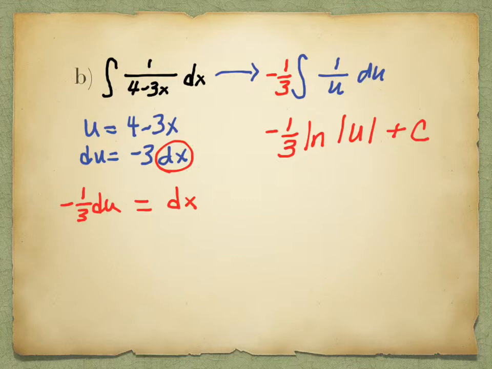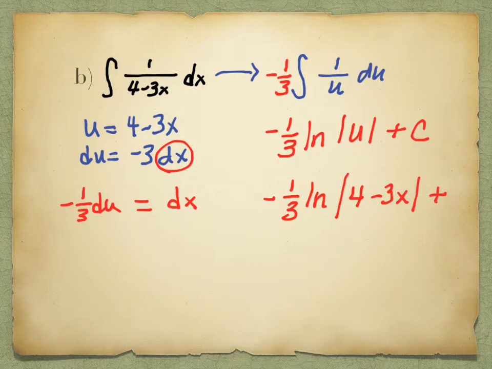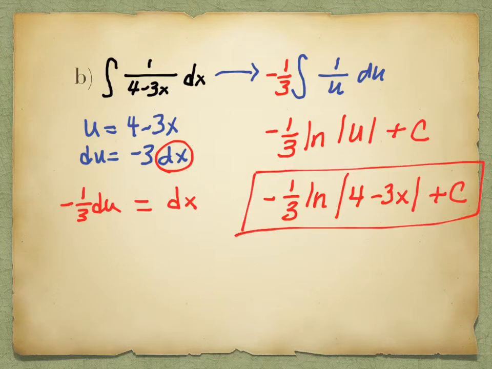The original problem started out in terms of x, so the solution needs to be in terms of x as well. So I need to replace that u back with what u actually is equal to in terms of x. So this is negative 1/3 natural log of the absolute value of 4 minus 3x plus c. Does that make sense?